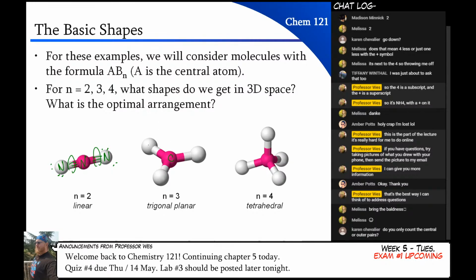I could do CO3 2 minus. I drew an extra dot. I didn't mean to. Boop, there it goes. And then over here, I could either do CCl4 or I could do PCl4. It doesn't really matter.